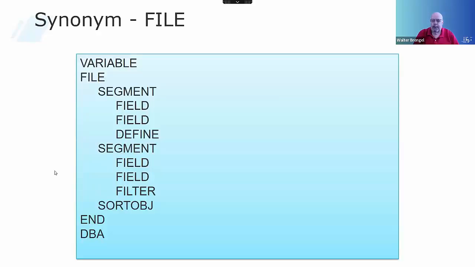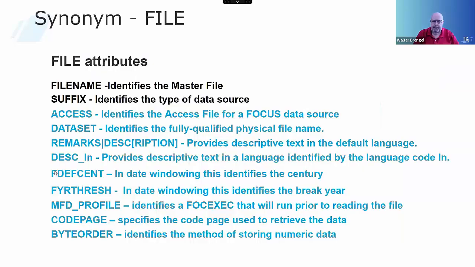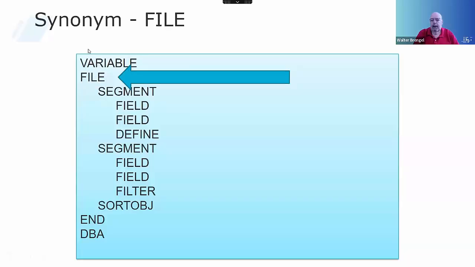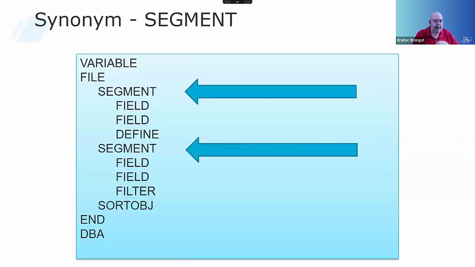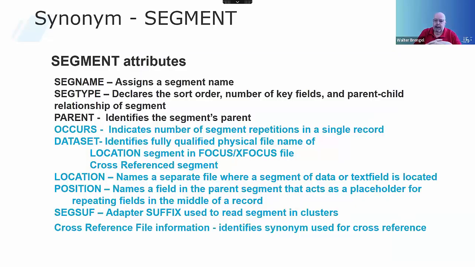So in a synonym, we had the file, which we went over last time, which is at the top of your synonym, if you look at it, viewing text. And then we have the segment areas, and that's what we're going to talk about today. So these are all your segment attributes. You have the segment name, segment type, parent.